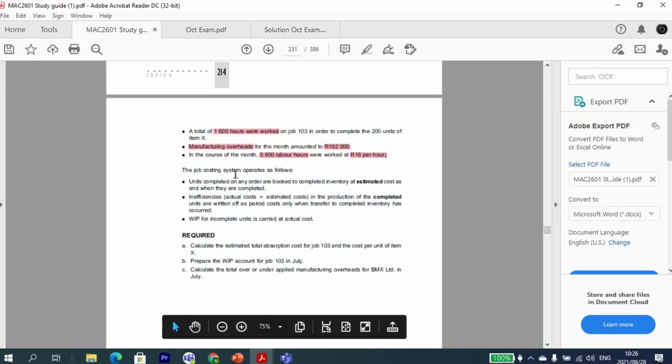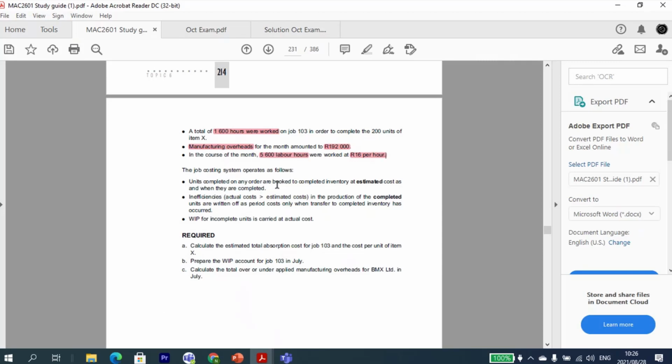Okay, the job costing system operates as follows. The units completed on any order are booked to the completed inventory at estimated costs when they are completed. So this is how their system works. They don't work on actuals, they work on estimated cost. Inefficiencies, whereby your actual might be more than your estimated in the production of completed units, are written off as period cost.